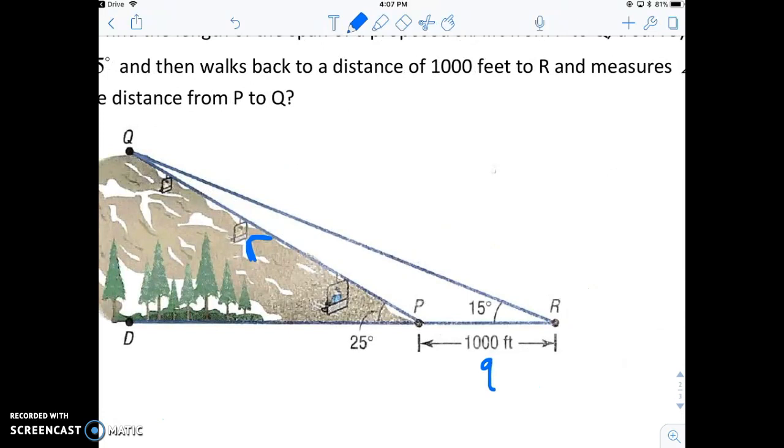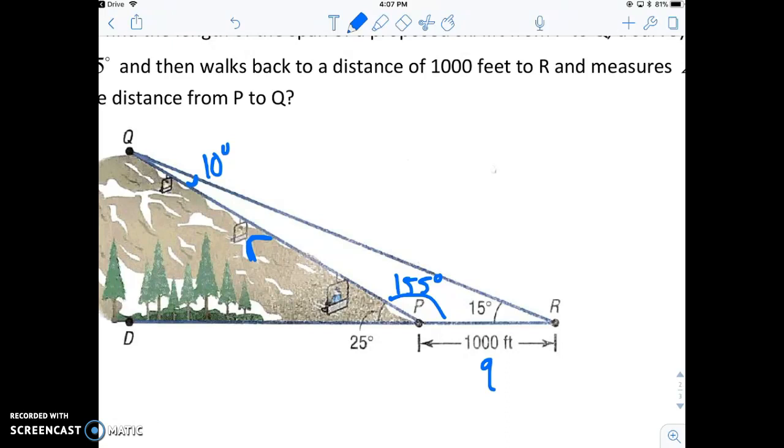So we do need to find an angle P, because remember, the 25 degrees outside the triangle isn't immediately useful to us. But that's just 180 minus 25, which is 155. And then we should have the angle across from our given side to be able to use law of sines. So we do need angle Q, which will be 10 degrees. Right? So we have angle Q, we have side Q, and we have angle R.